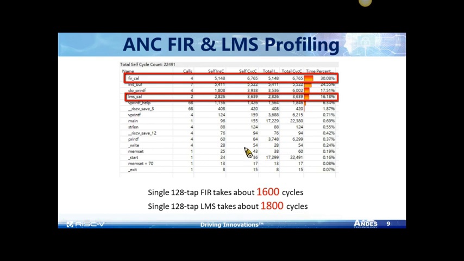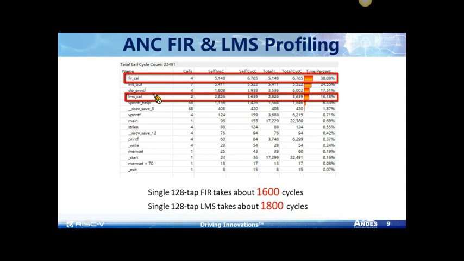Here is the profiling result we have obtained using ND's IDE tool, NDSight. As you can see in this table, we have done two profiling results. The first one is the FIR filter. It takes about 1,600 cycles. As you can see here, the self-cycle count is around 6,700 cycles, then divided by 4. And the second one is least mean square.